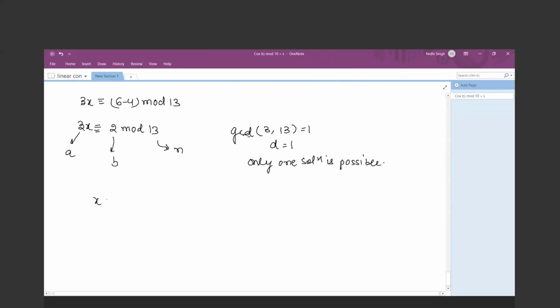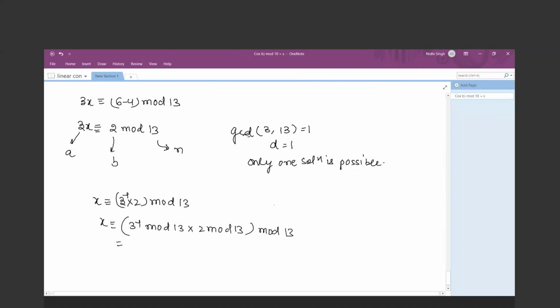Step 2 says you have to multiply by the multiplicative inverse of A, on both sides. Okay. What is this one? So 3 inverse mod 13 into 2 mod 13 and mod 13.